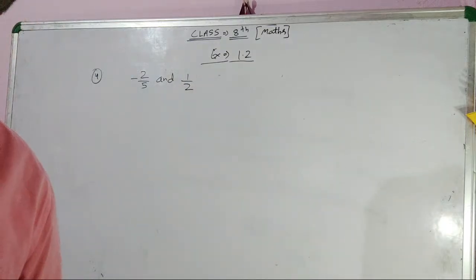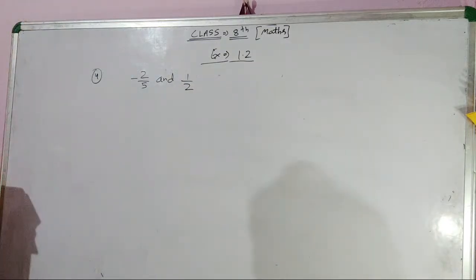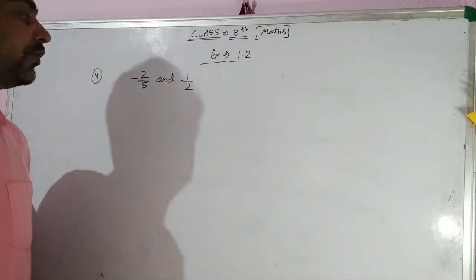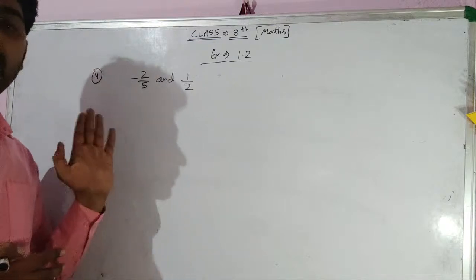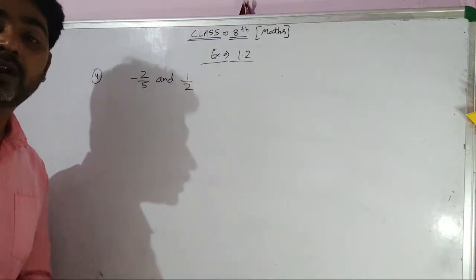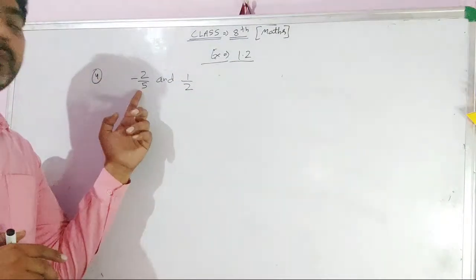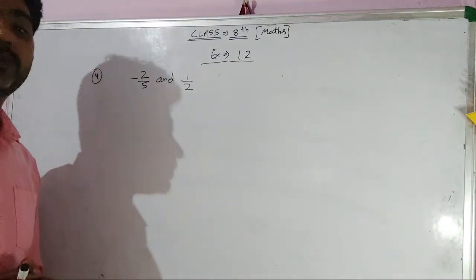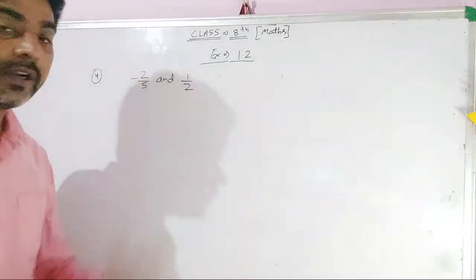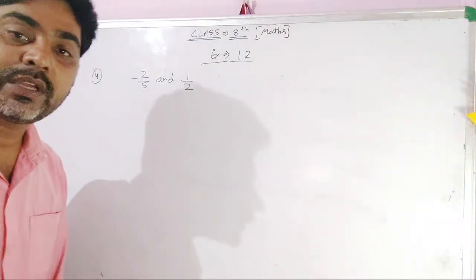In the previous class, I explained how you can find rational numbers between two given rational numbers. First of all, we will make the denominators equal, right? The denominator of the first rational number -2 by 5 is 5, and the denominator of the second rational number, 1 by 2, is 2.